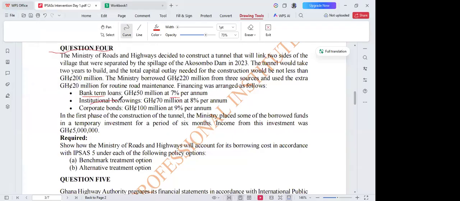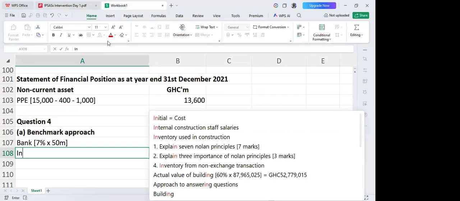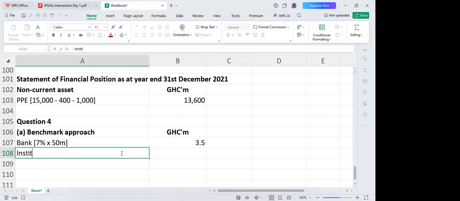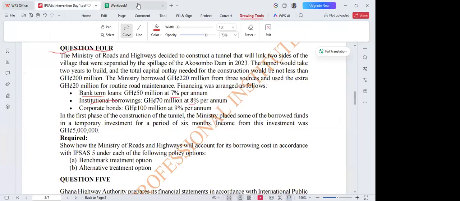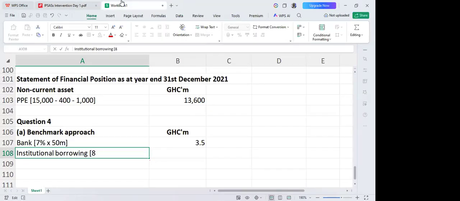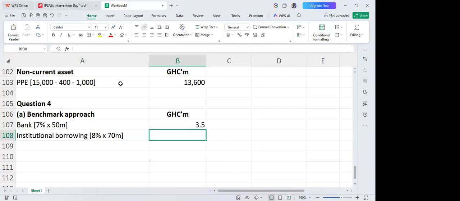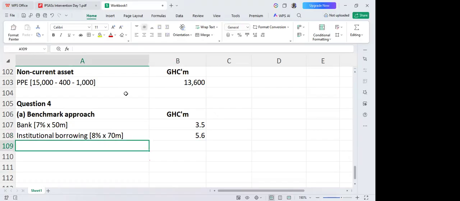Okay, we go to institutional borrowings, which is 8% on 70 million. What do we get? 5.6 million.